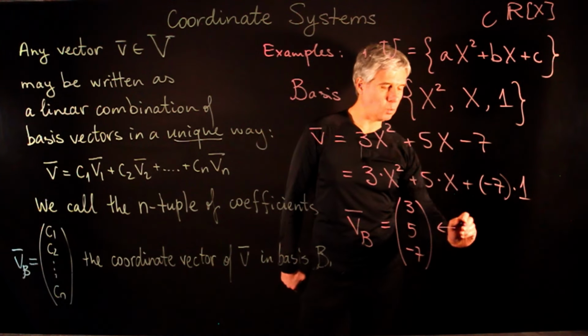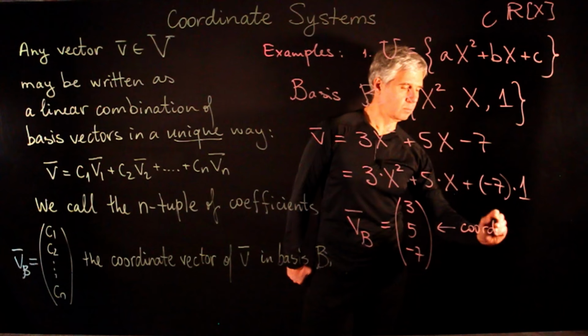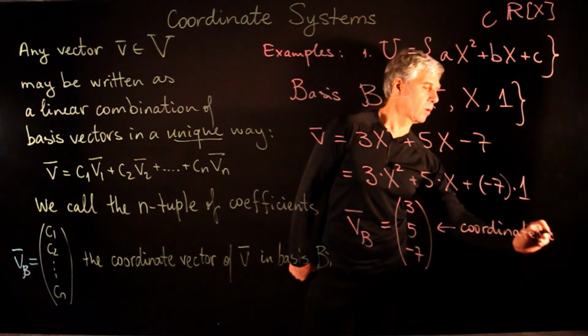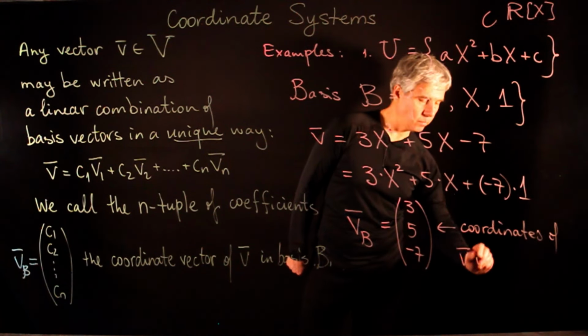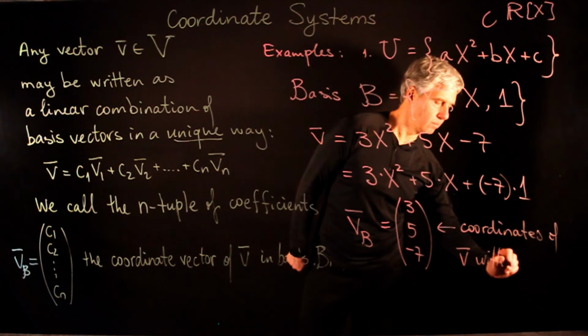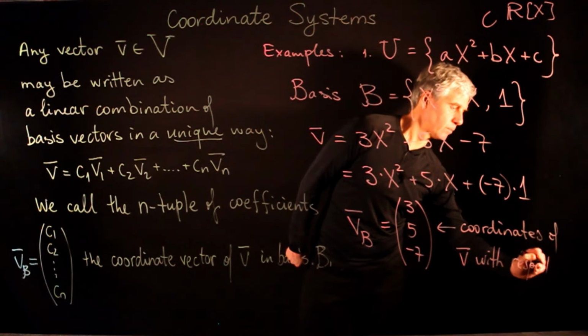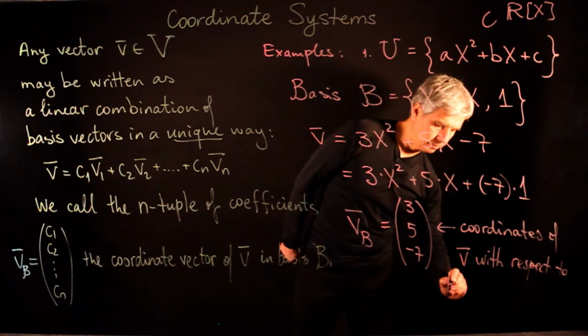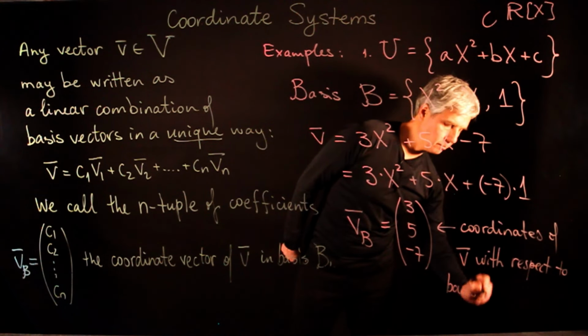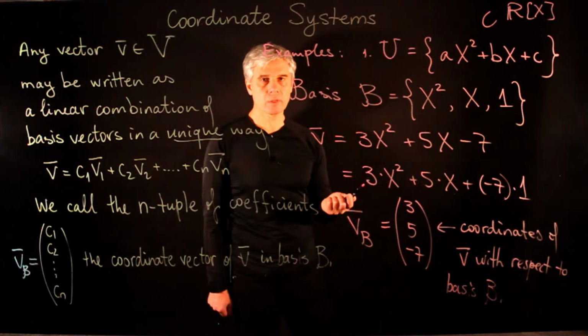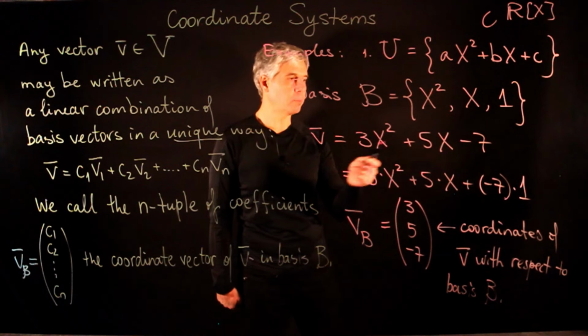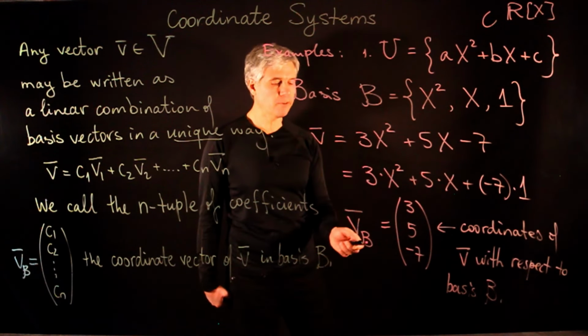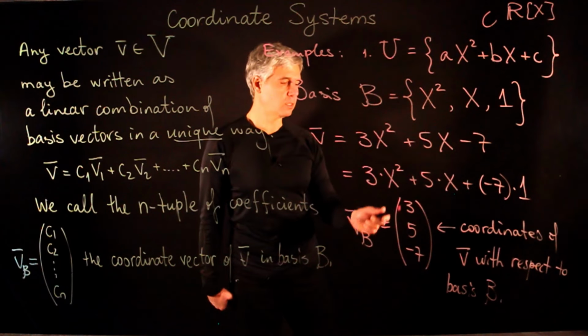So this is the coordinates of v with respect to basis B. So in this context, the vector itself is a polynomial, and the coordinate vector of v is the column vector.